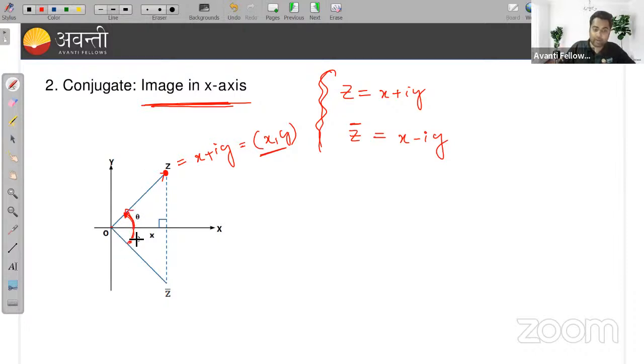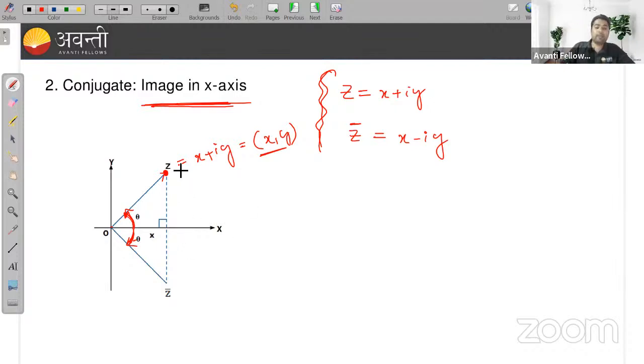This is the anti-clockwise direction and this is the clockwise direction. That means this will make an angle of minus theta with the x-axis. If Z is making an angle theta with the positive x-axis, then Z bar will be making an angle of minus theta with the x-axis. Is that clear?